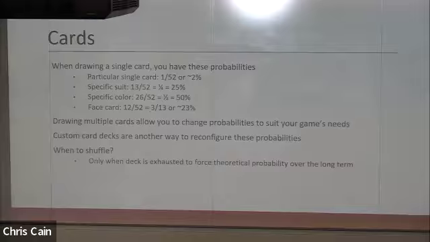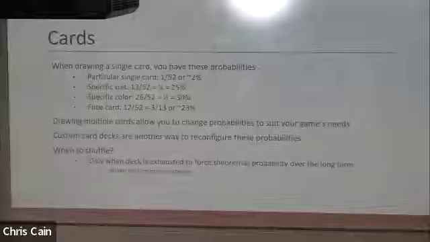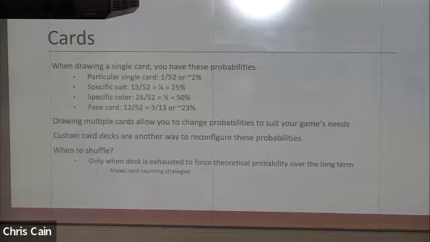Every 52 cards that you see, you will have seen the exact distribution that you would expect for those 52 cards. I guess casinos know this well, that if you only use a single deck, then you can card count. If you use multiple decks, it becomes a little bit harder to card count, but it's still very possible. But that could become something that is strategic in a game that you use a card-based outcome for.